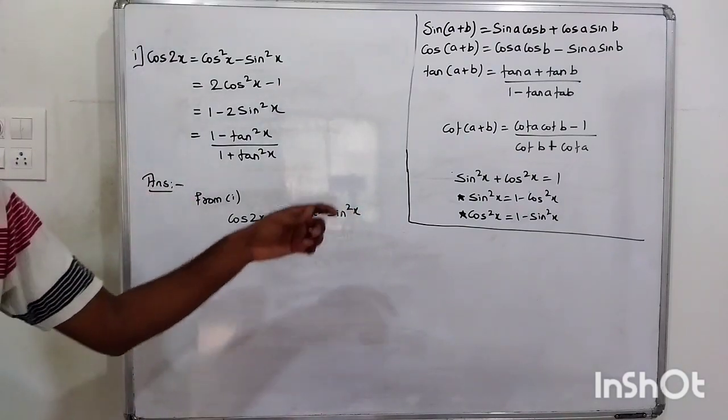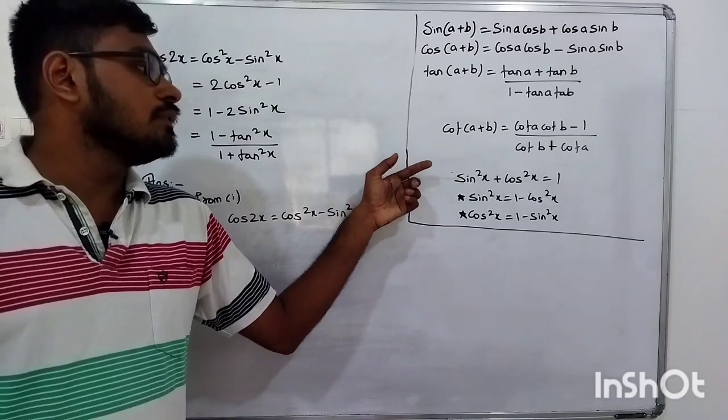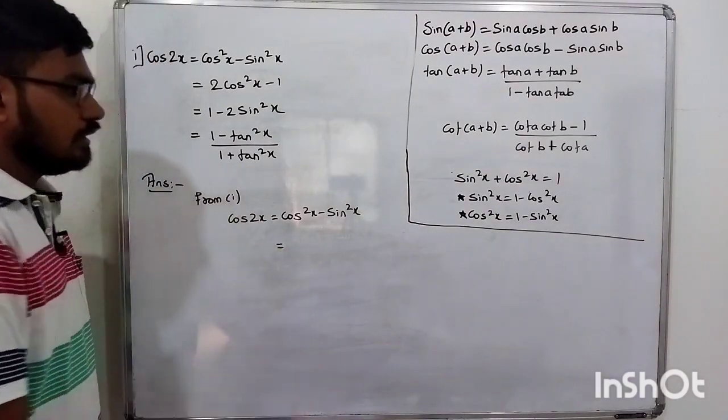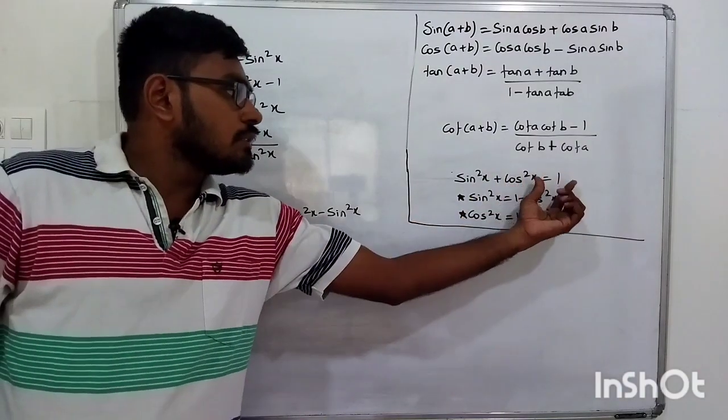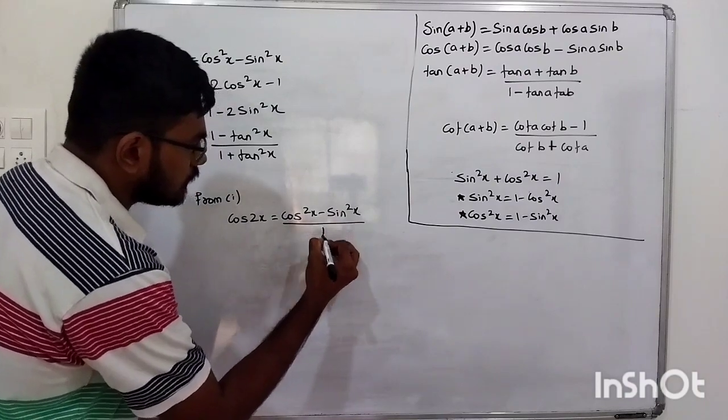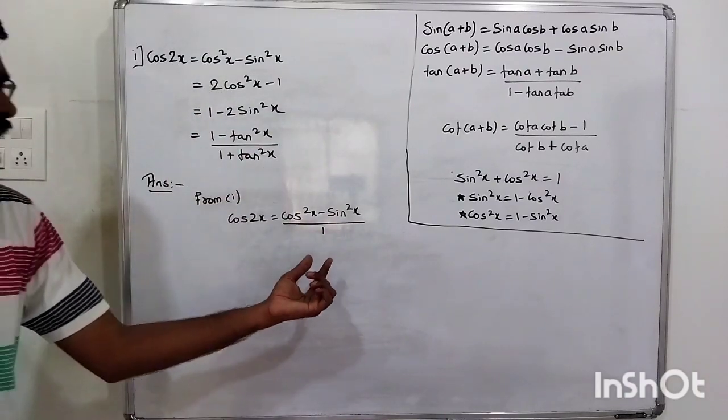Now we have used this, now we'll use this. How will we use that? See, sin square x plus cos square x is equal to 1, and we know the denominator of this is 1. There is no denominator, we always write 1.